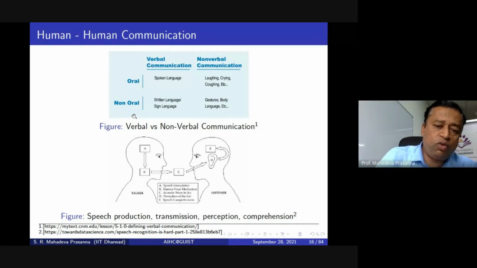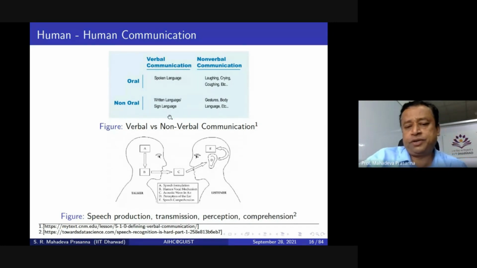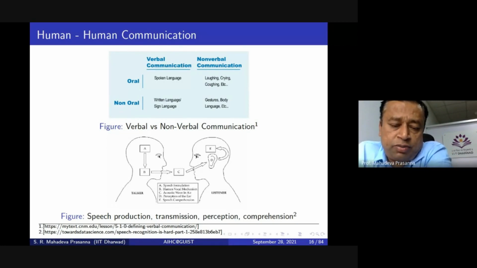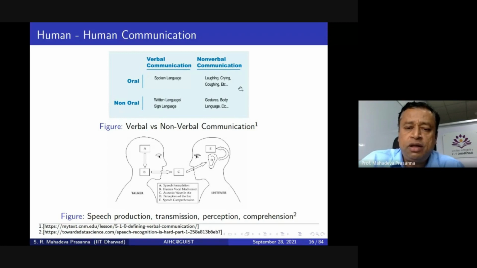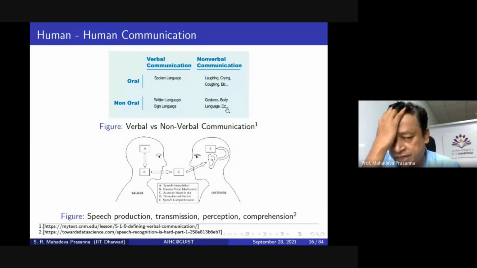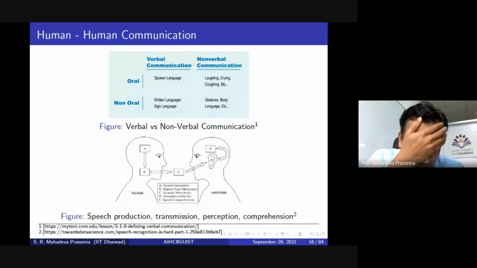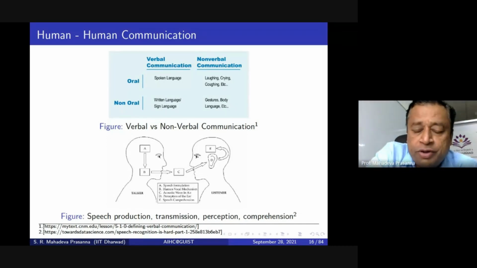Whereas non-oral refers to written language or sign language, because that person cannot produce speech in the oral cavity for several reasons. The non-verbal communication will be gestures, body language, etc. That itself will be sufficient in a coded manner if you want to get some sense of any particular process happening.